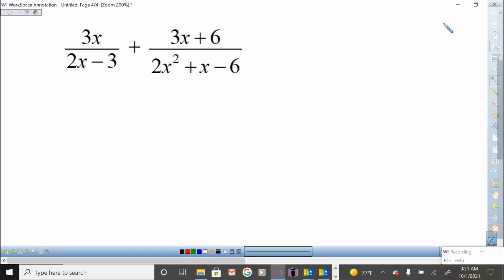All right, let's start with step 1 again, which is what? Factor. Okay, can we factor the first denominator? No, so it stays the same. 2x minus 3.